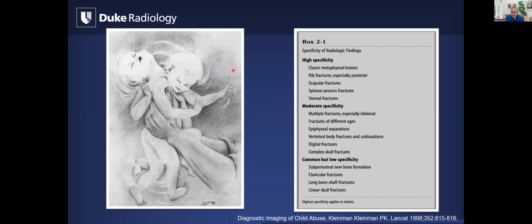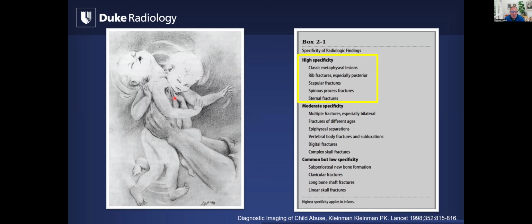Okay, so this is a great graphic that illustrates the mechanism that results in the majority of findings with abuse. We've got the hands positioned around the infant, and when we start thinking about abuse, what age group are we actually thinking about?